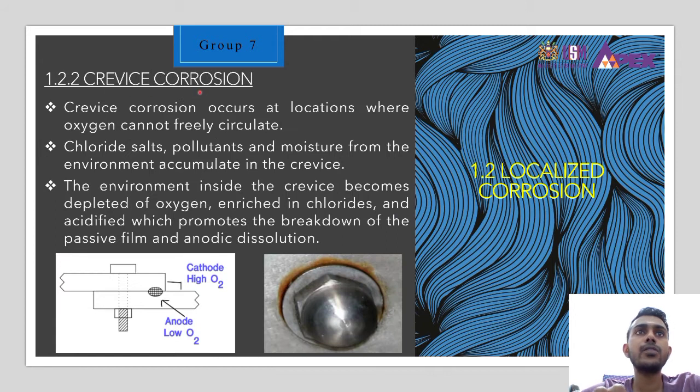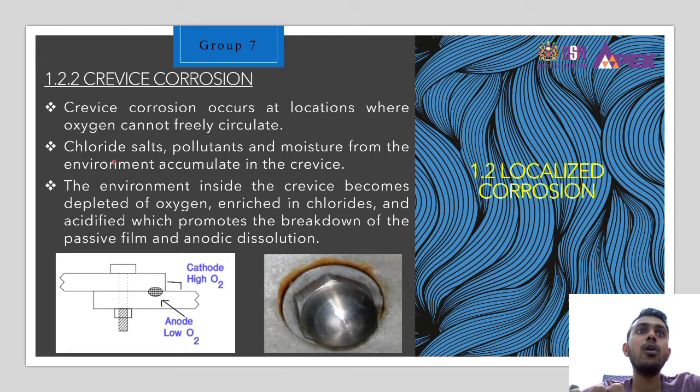Next is crevice corrosion. Crevice corrosion occurs at locations where oxygen cannot freely circulate, such as tight joints, under fastener heads, and in other circumstances where the pieces of metal are in close contact.